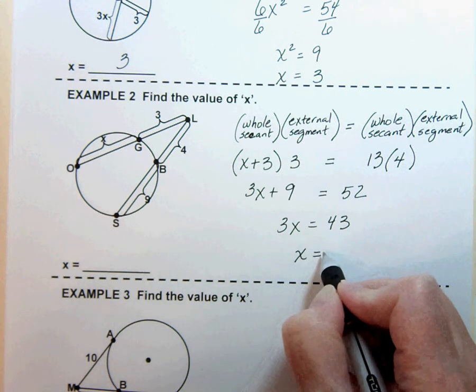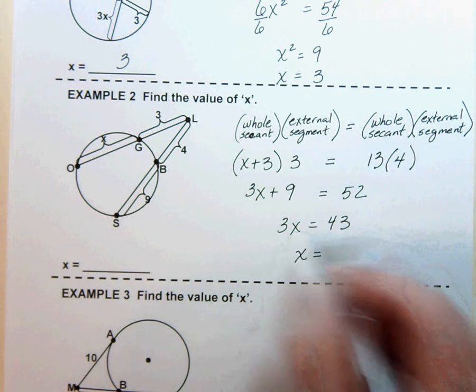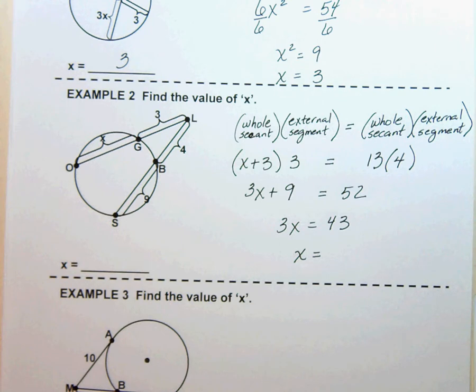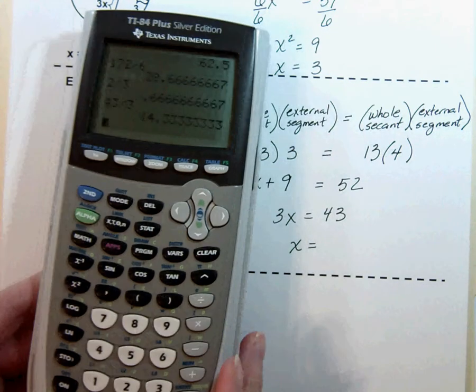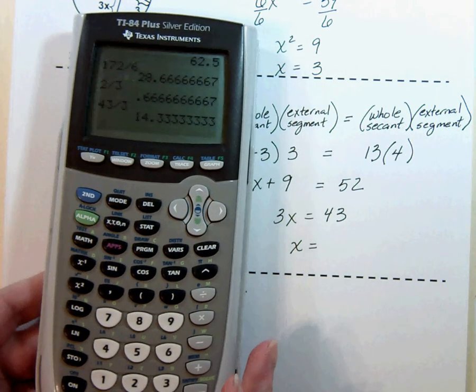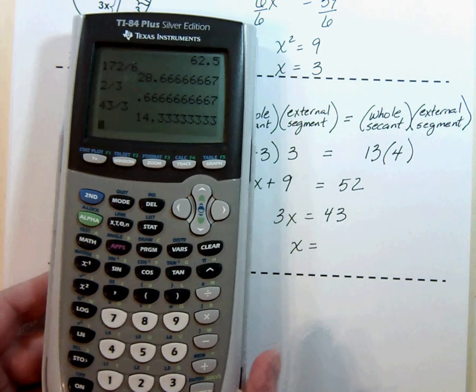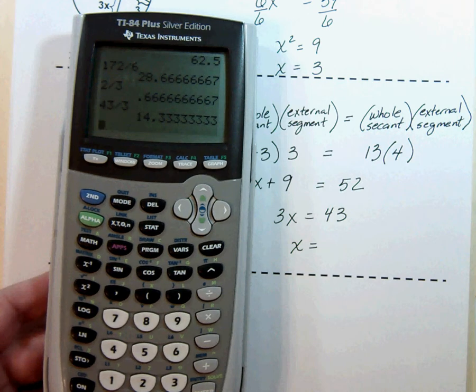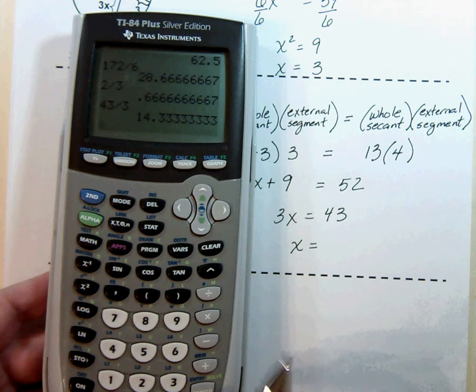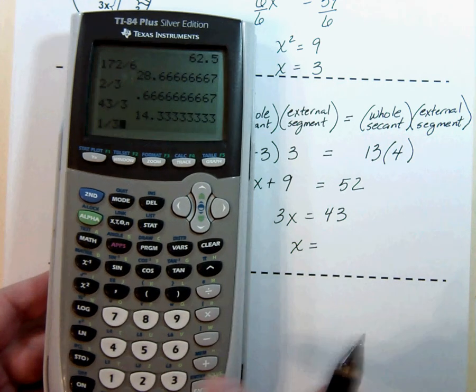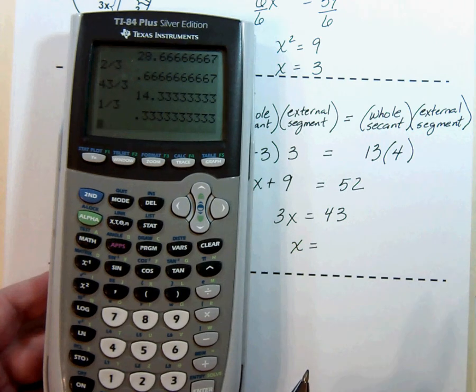This is another one that has a repeating decimal. 43 divided by 3. I think I'm going to show you that in the calculator. 43 divided by 3. See how it's a repeating 3? Just like the one we did earlier with the repeating 6. I think it was in topic 6.4. A repeating 3 is one that you might want to memorize. 1/3, you'll see it a lot.